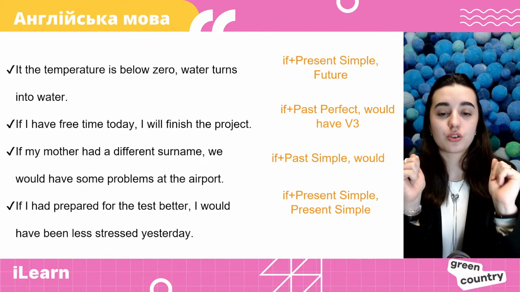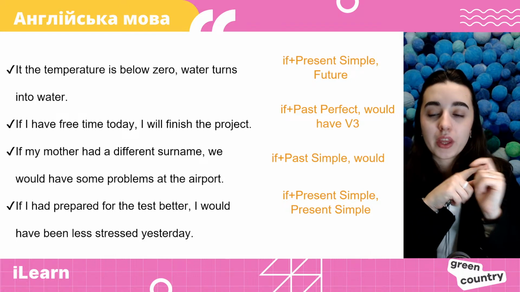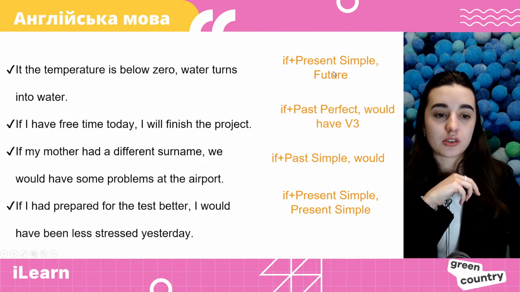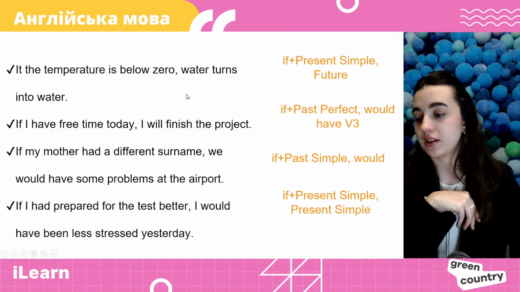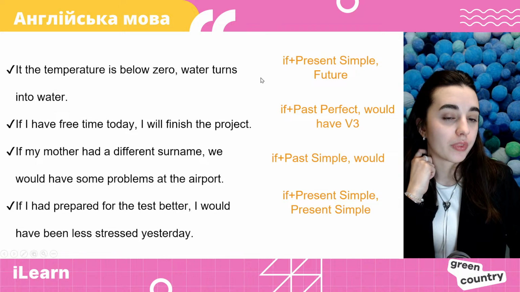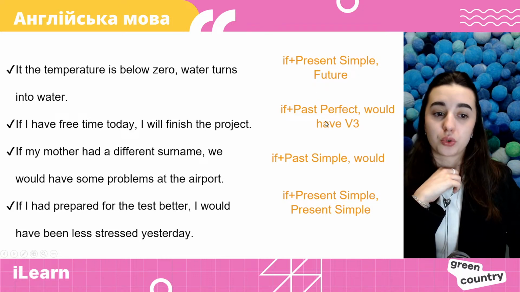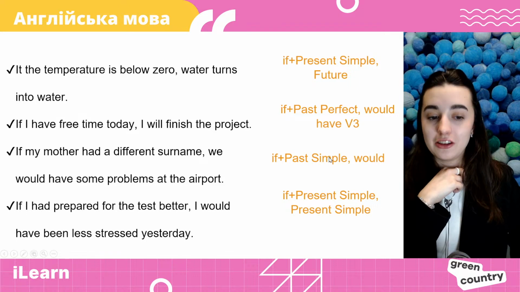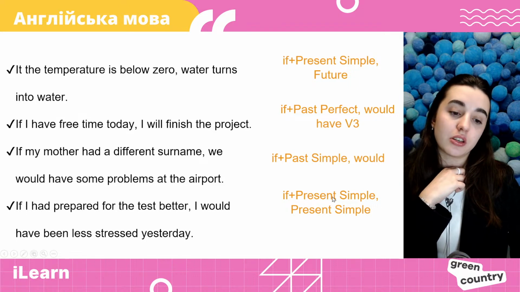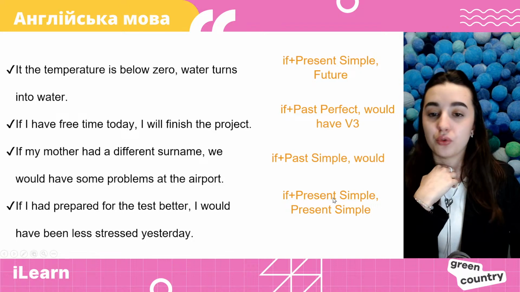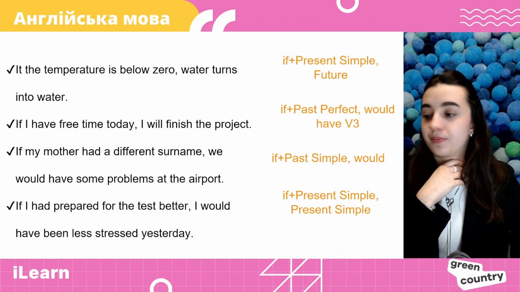And now let's talk about sentence number 1 and match the structure with the example. So, here we have if present simple future, if past perfect would have and third form, if past simple would, and if present simple, present simple. What should we write here?